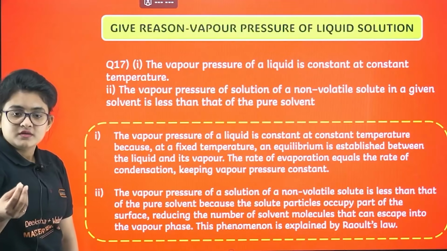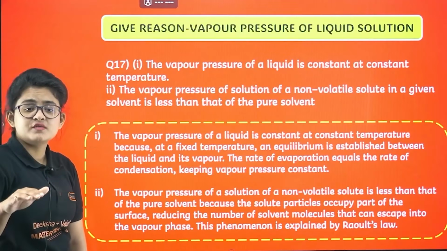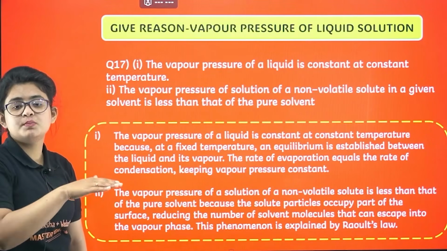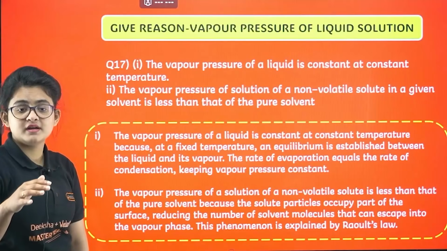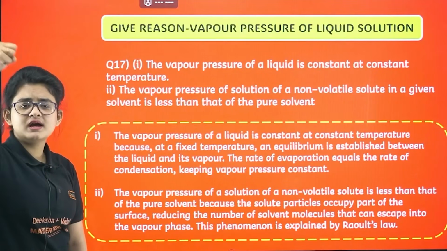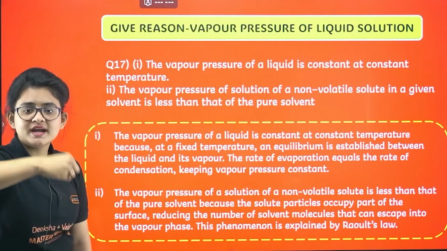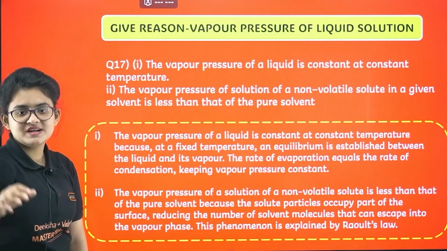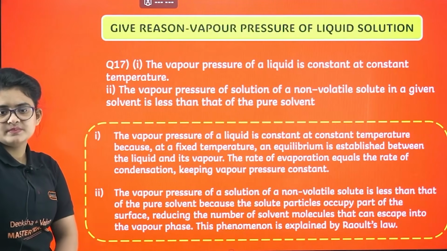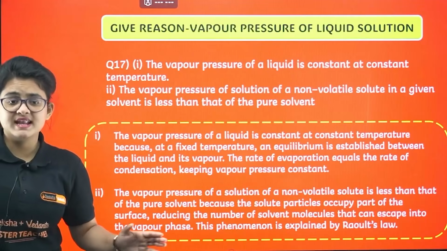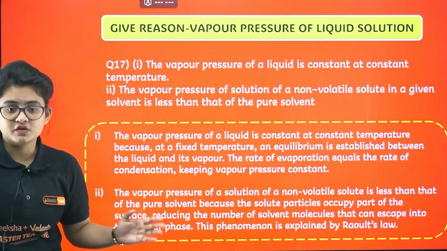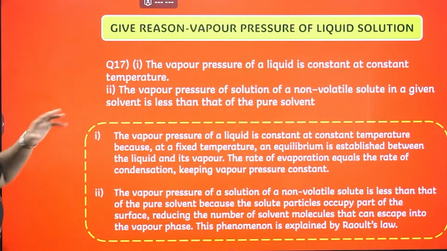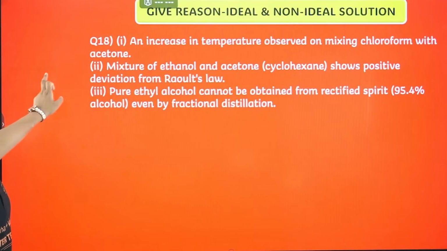Vaporization takes place from the surface. If the surface is blocked by the non-volatile solute, how will it get evaporated? Not possible. As a result, vapor pressure decreases, and is less than that of the pure solvent. I guess it's clear. Let's proceed.